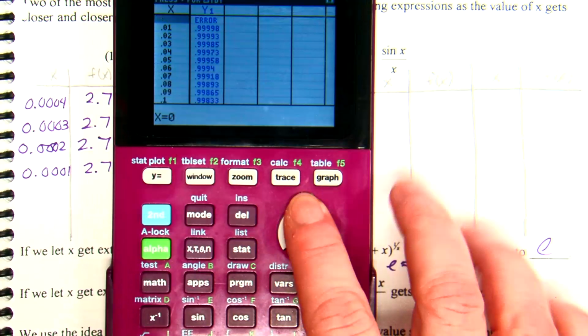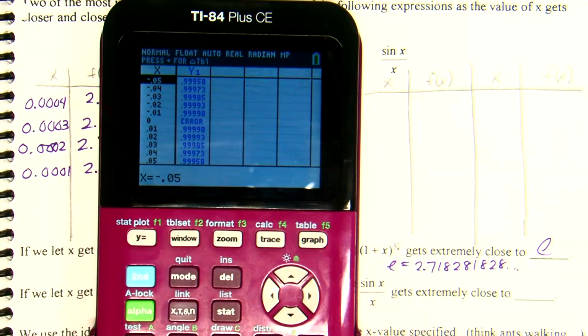can you tell what's happening here? As my x values get closer and closer to 0, what are my y values getting closer and closer to, other than error? 1? I mean, 0.999, and they keep getting closer and closer, don't they? Okay. And if you want to, you could take a peek at the graph.